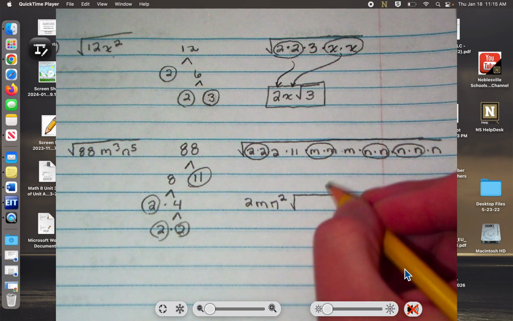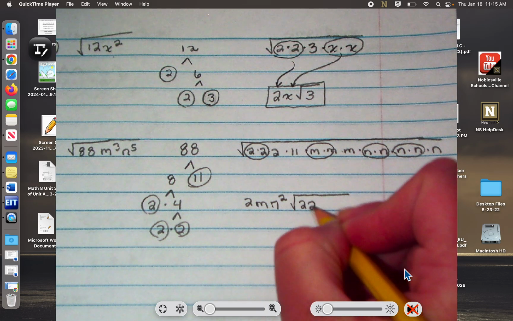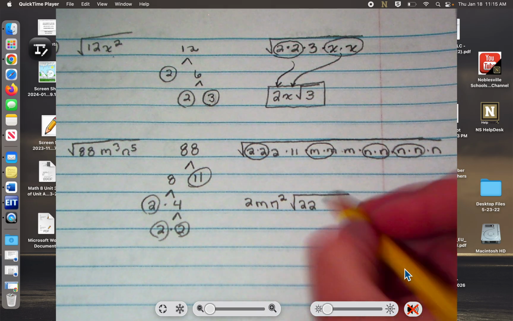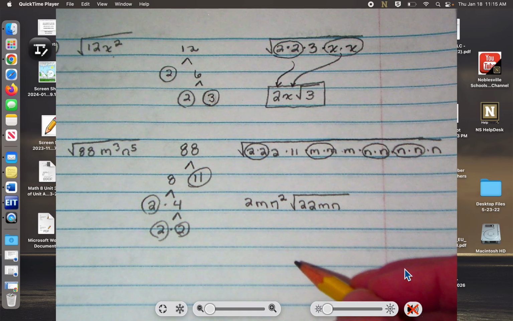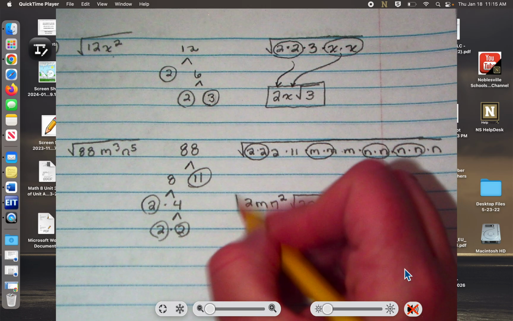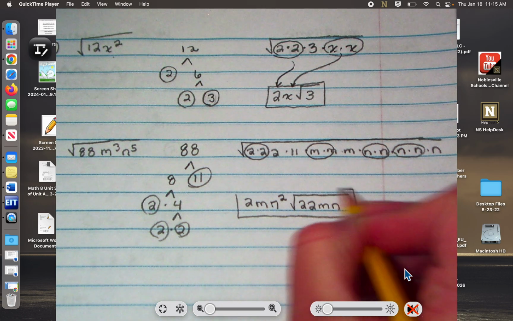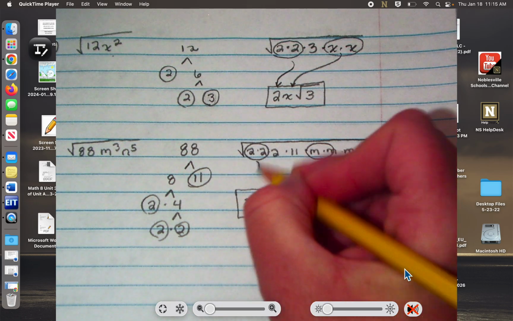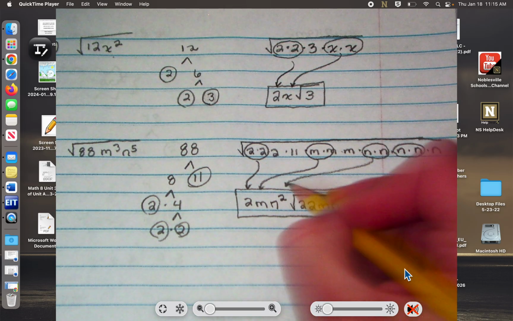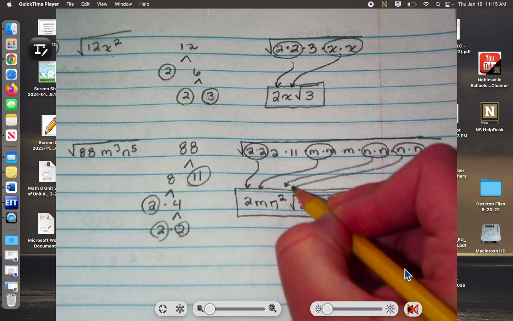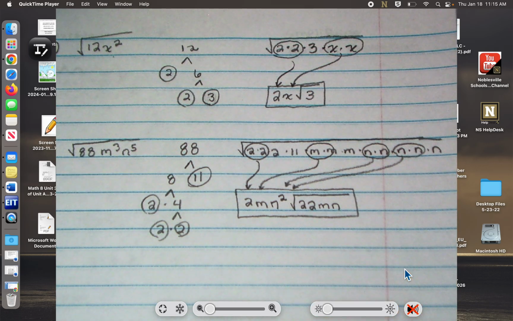And then what we're left with is 22, because 2 times 11, mn. So I have this 2, I have this m, and then I was able to make 2 pairs of n's, so that's why it's n squared. Everything else is left in there.